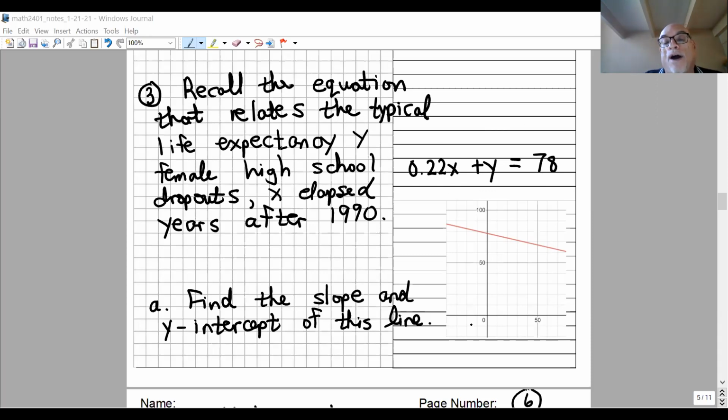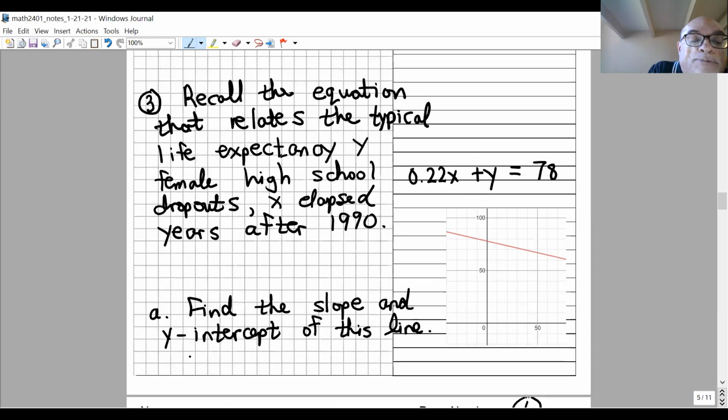And so let's answer some quick questions about this particular linear relation. The first thing it asks for is, what is the slope and the y-intercept of this line? To answer that question, you have to take your linear relation and put it into slope-intercept form.